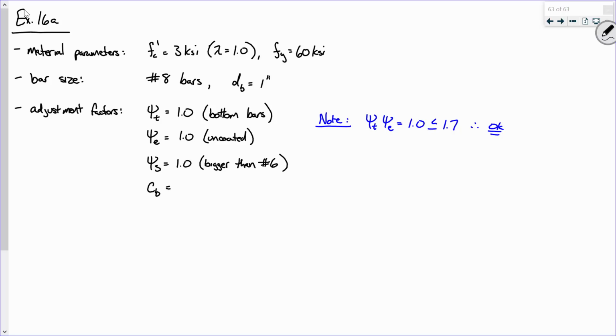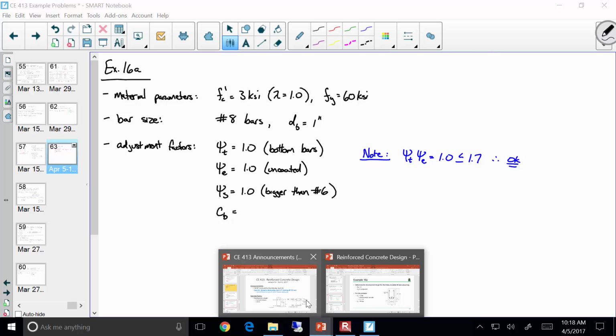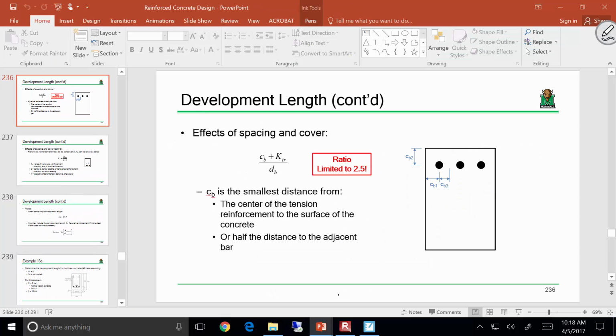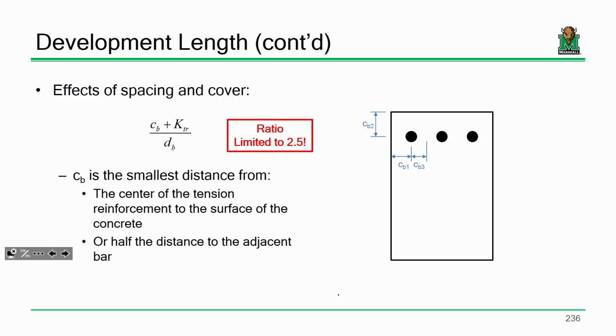Now c sub b. c sub b is one of 3 potential values, right? So let's go back to the slide that defined c sub b. I'm on slide 236. Now c sub b can either be the side-to-side distance, the distance to the top or the bottom, or half the center spacing between each bar.